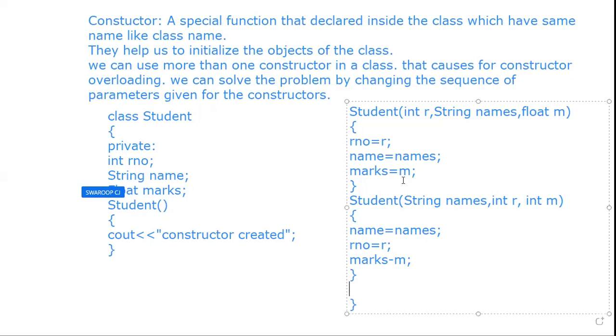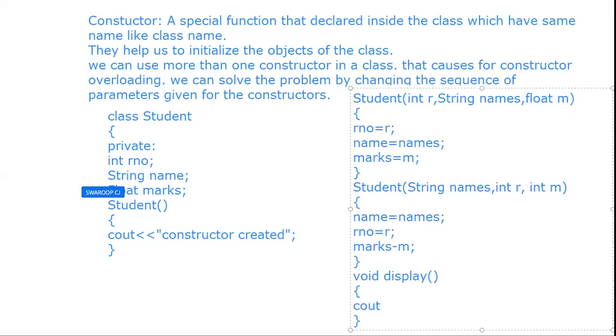I will give one more thing, void display for displaying the output. So the code I am writing here is void display, with cout. What do we have to say here? The values to be displayed. What are the values we are giving? rnumber, name, marks.